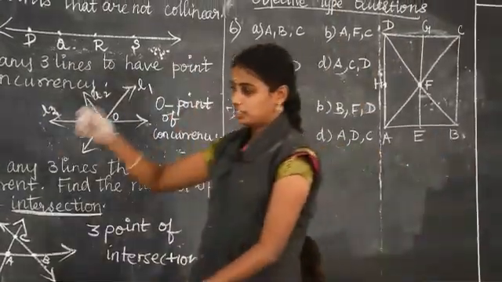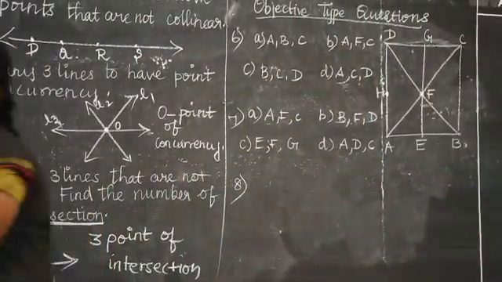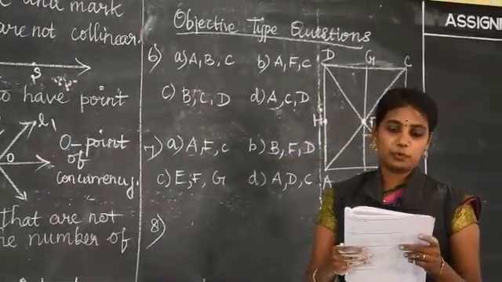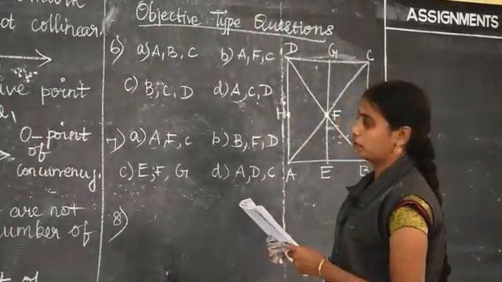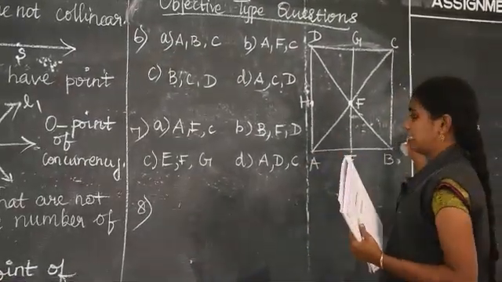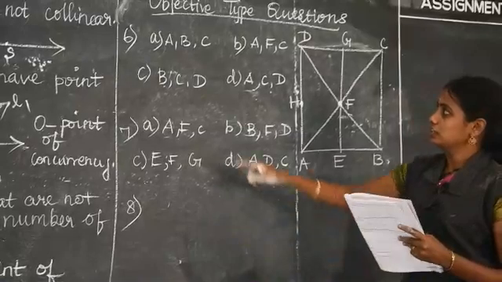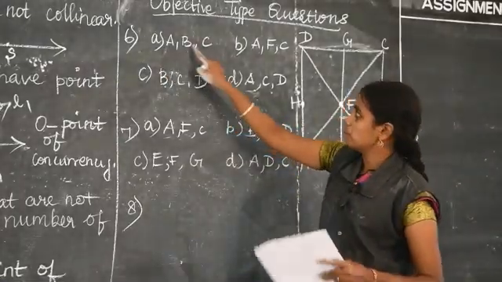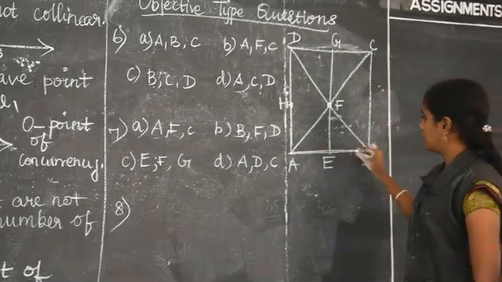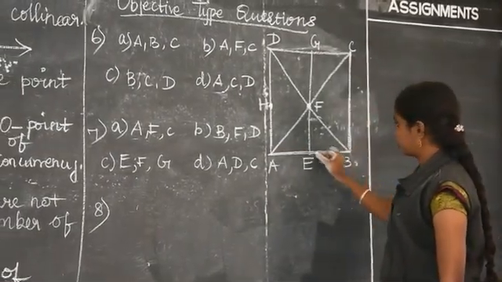Next, question number 6, objective type questions. Everyone take your book. The question is a set of collinear points in the figure. Collinear means what? We know that on a line there are 3 points. The first option, listen, A, B, C. It's 2 lines, yes or no?